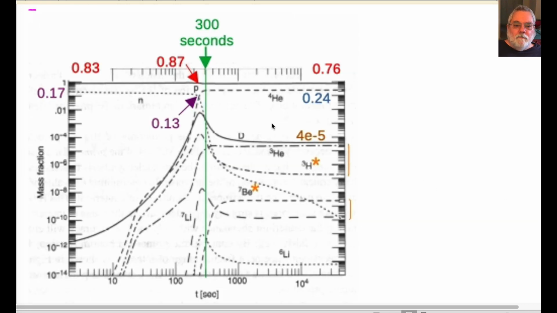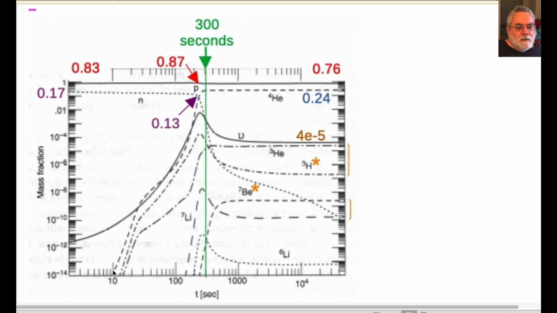So, helium-4, this particular dashed line, takes up most of the neutrons within 300 seconds. It started off really slow.